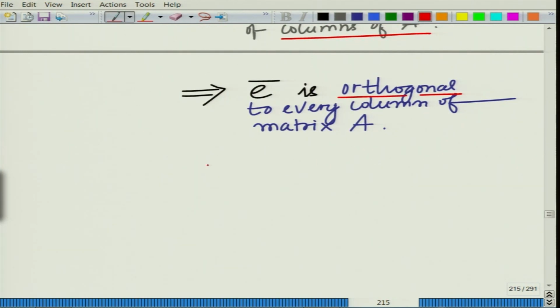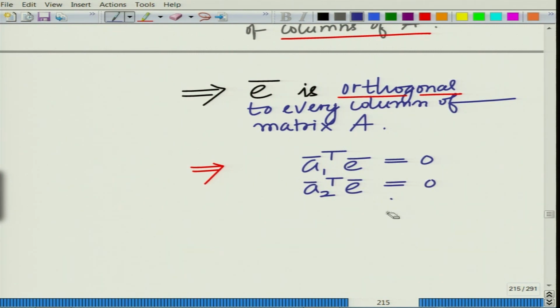Which implies, now you write it down, the condition for orthogonality will be A1 bar transpose E bar equal to 0, A2 bar transpose E bar equal to 0, so on and so forth, An bar transpose E bar equal to 0.